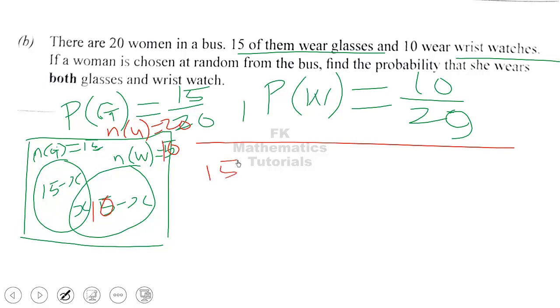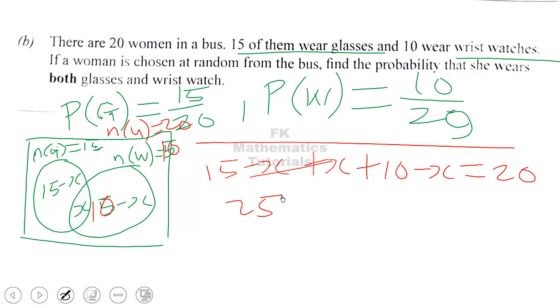Sorry, let me do that correction first. So 15 minus x, plus x, plus 10 minus x should be equal to 20. 15 plus 10 is 25, minus x is equal to 20.